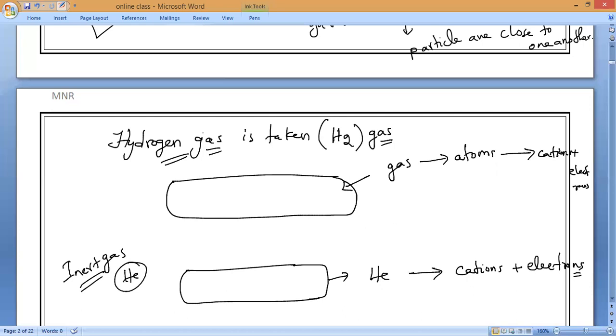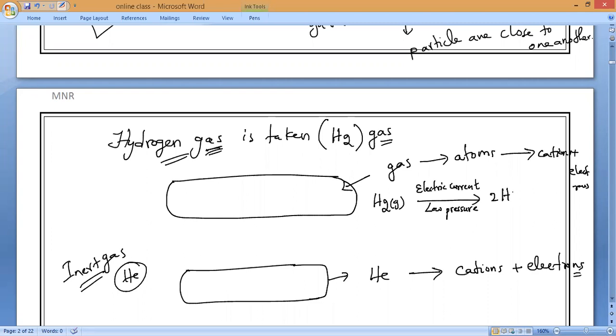So let me take hydrogen gas. What will happen first? If I take hydrogen gas at low pressure and pass an electric current, it will first produce atoms.